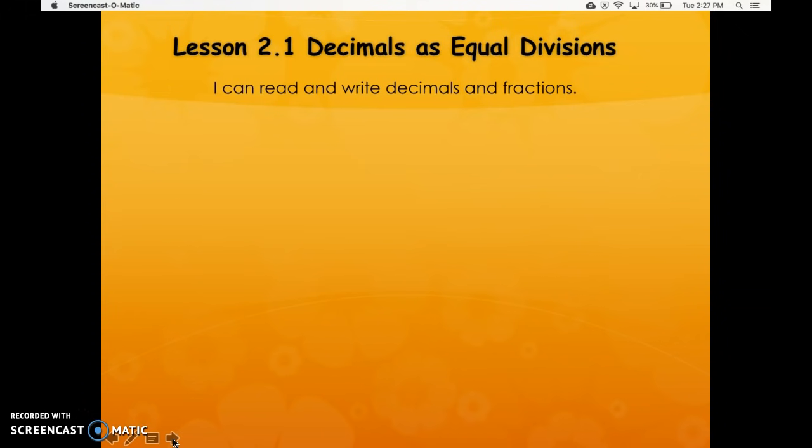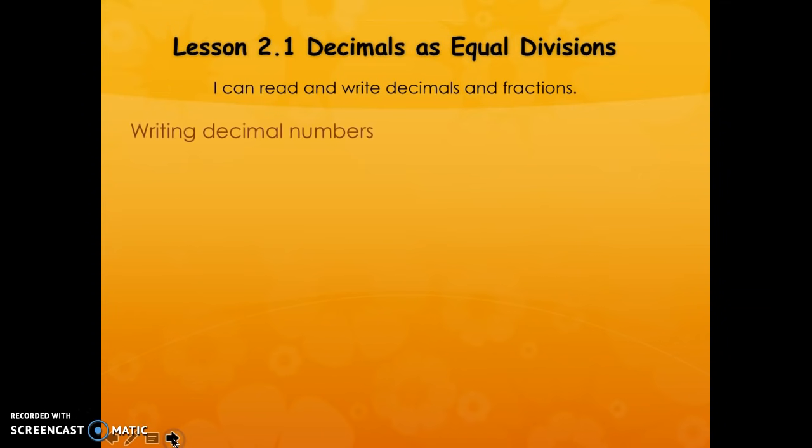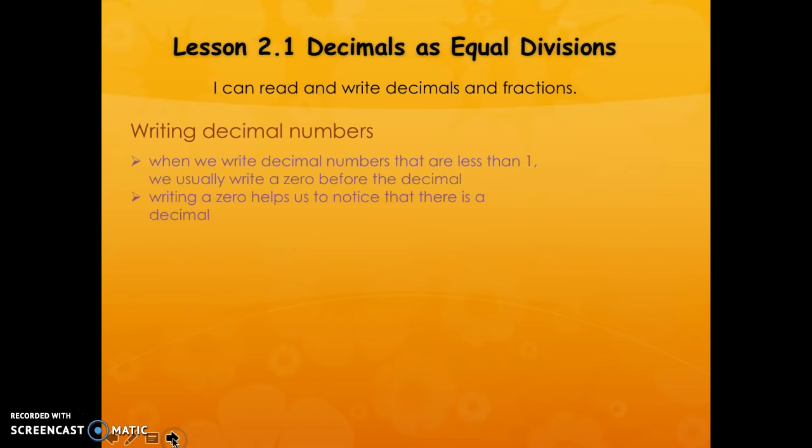So, I can read and write decimals and fractions. So first of all, writing decimal numbers. When we write decimal numbers that are less than 1, we usually write a 0 before the decimal. Now there's a few reasons for that. One would be that writing a 0 helps us to notice that there is a decimal.